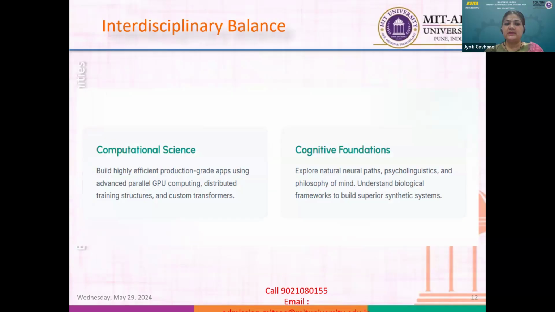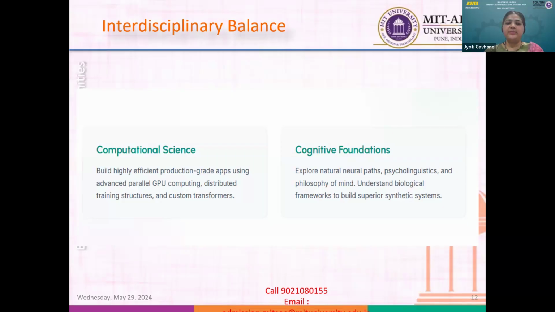Yes, in computational science, not only the software is important, the hardware is also important. So try to understand the logic behind the computing. When we are talking about computational science, the computing power of the system should be more.